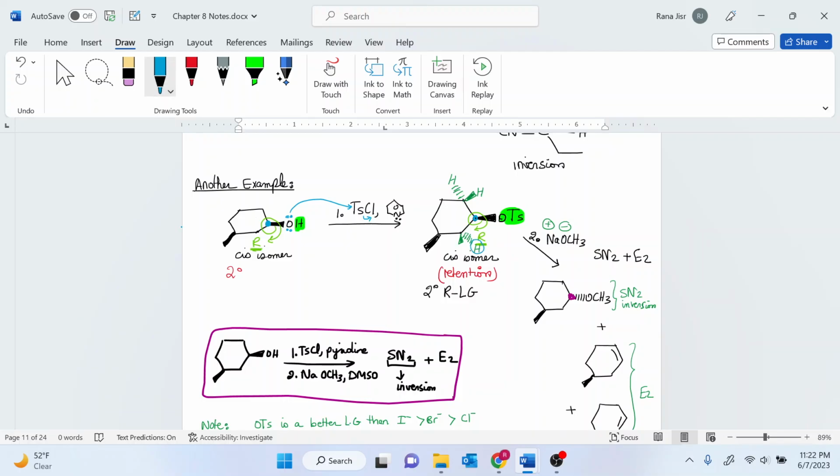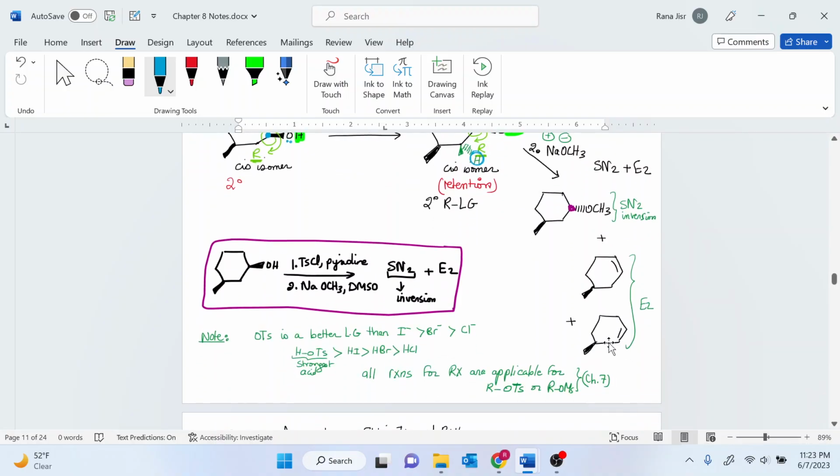So I'm looking at the hydrogen at the back here. This is opposite to the OTs, and this is opposite to the OTs. It needs to be anti-periplanar with respect to the leaving group. So I'm choosing the hydrogen at the back and not the hydrogen in front. You're going to end up getting your double bond on this side and your double bond on the other side once your elimination happens in this case.